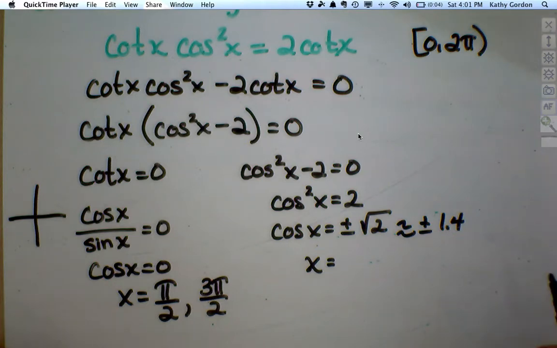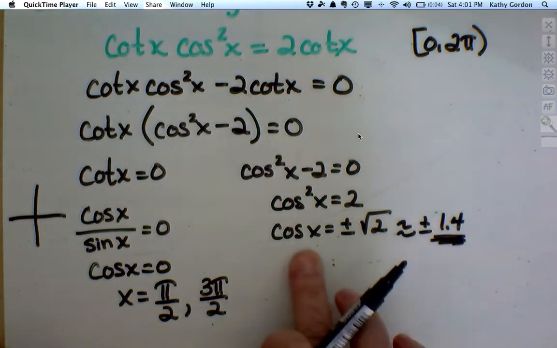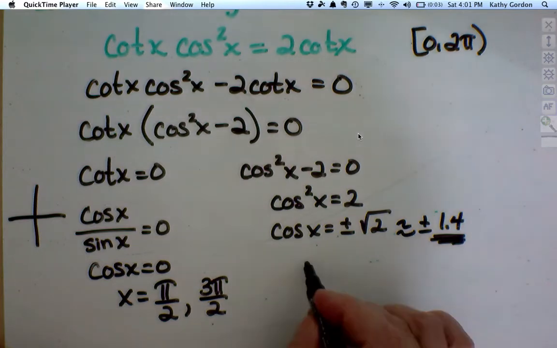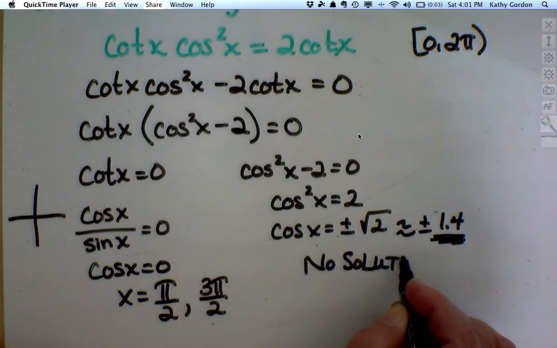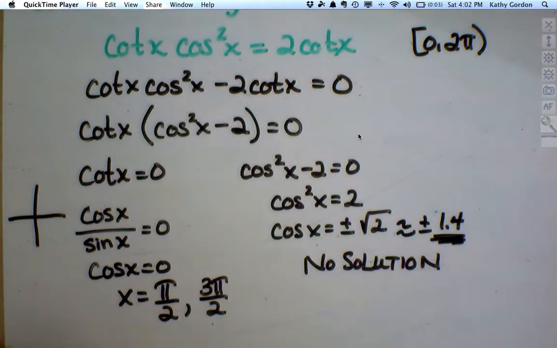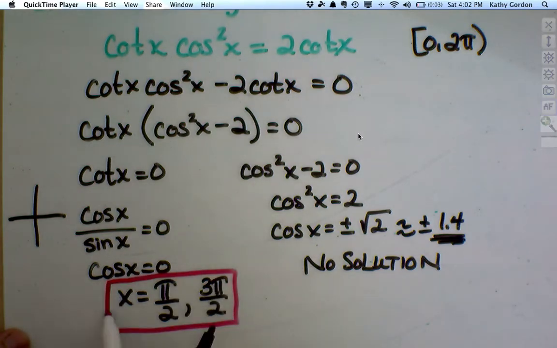So this is going to be impossible. There's no way we can get cosine of x to equal a positive or negative 1.4. So what that tells me is that this factor does not give us any other viable solution. So the only values that actually work in this case are the two that we got from the first factor, our pi over 2 and our 3 pi over 2.